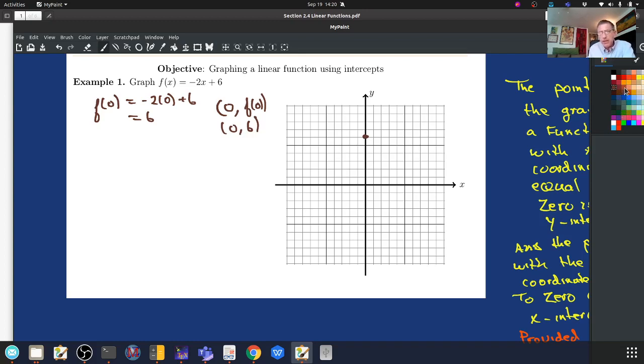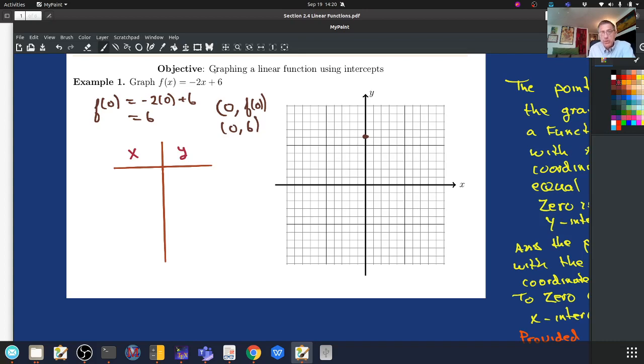Here's another easy way for you to find the intercepts: graphing tables of values. This will be the x, and this will be the y. And for the intercepts, this will always work.